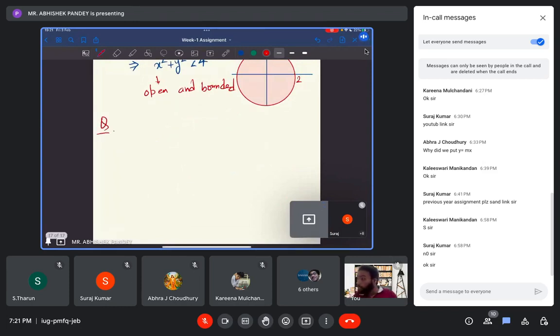For this, let us see, g of x comma y is equals to 2x plus y upon x minus y. Okay, so for this it is easy. For this to be defined, x should not be equal to y.